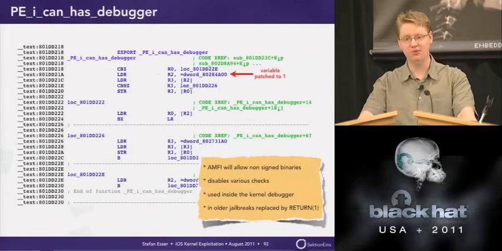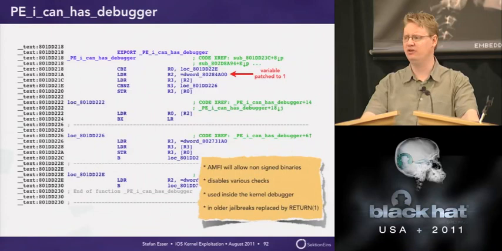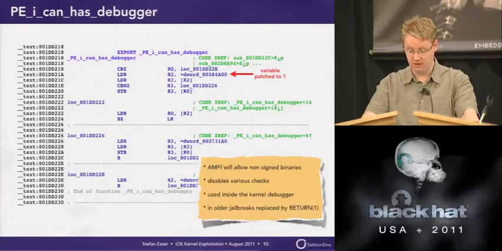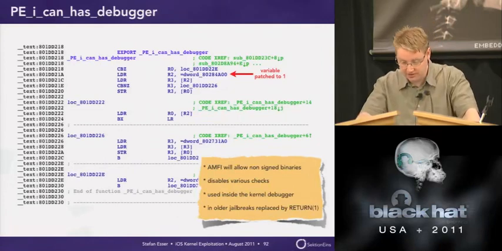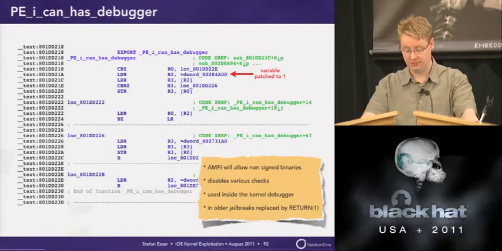Because when you just return 1, the kernel debugger will work, but the halt on boot feature of the kernel debugger will not work. It will then crash. So nowadays, Comex looks at the second line of the function, where it's requesting a variable from memory, and he patches this variable to 1. So then this function will return 1 and everything is okay.